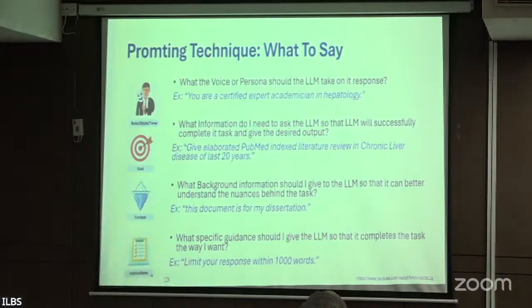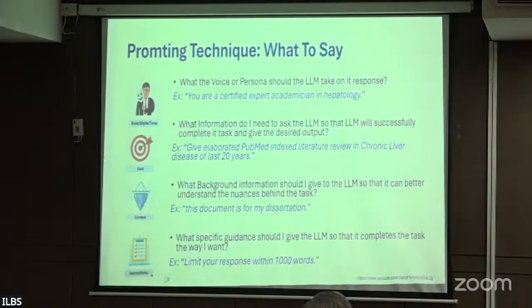So what background information should you give the LLM so that it can better understand the norms behind the task? Here the norms will be, this document is for my dissertation. So it will understand the applicability of the search and how it will form the result.